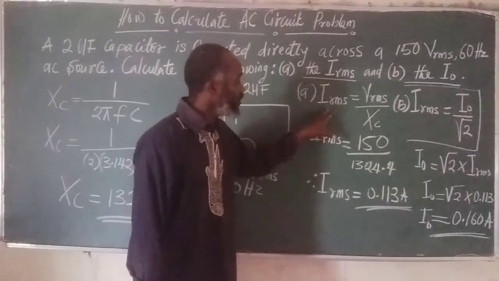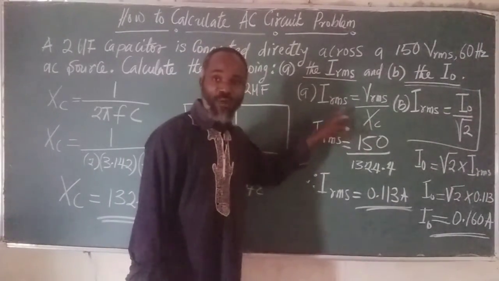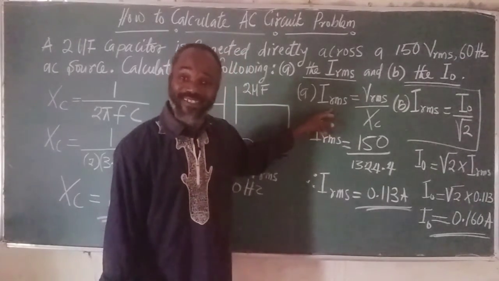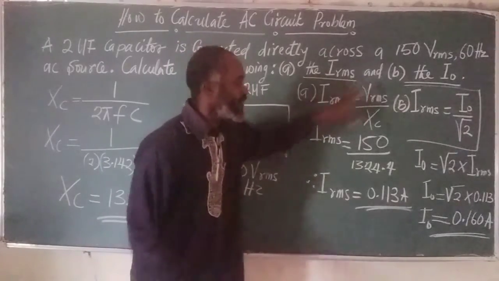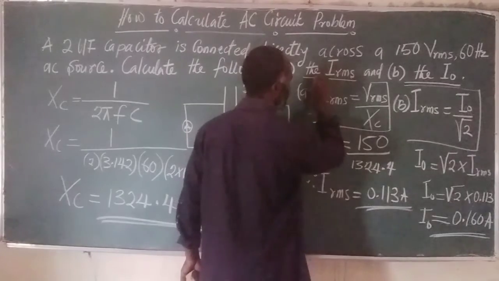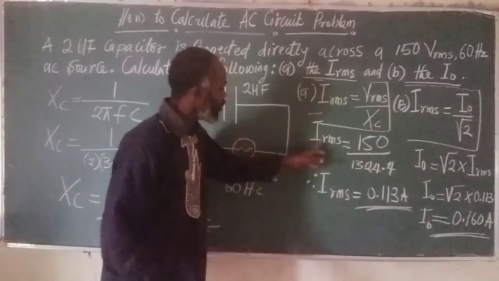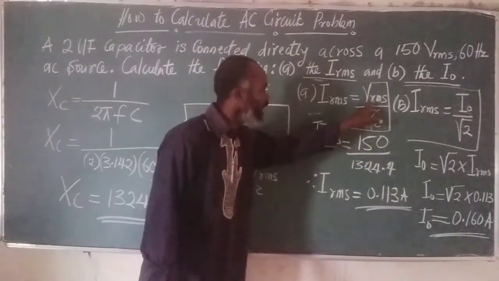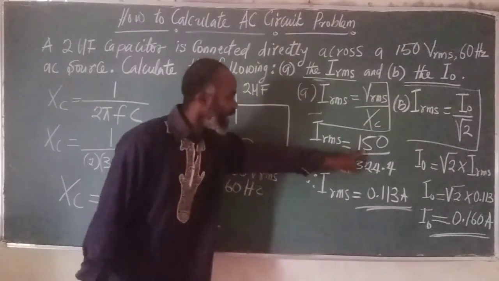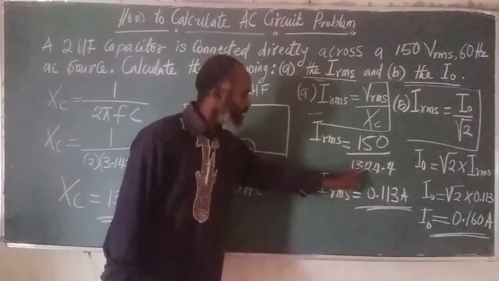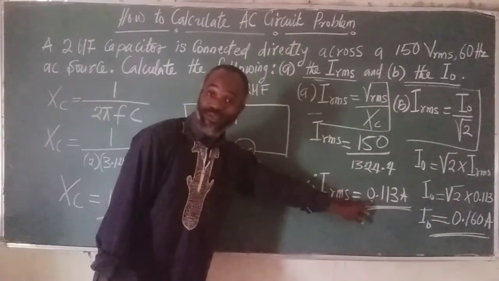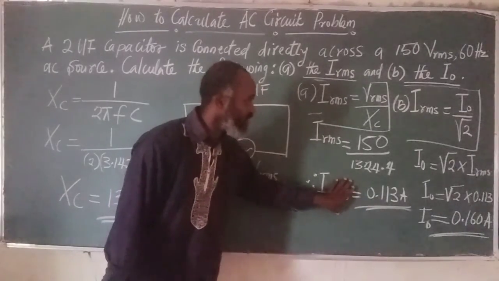Having found the capacitive reactance, with this formula we can find the value of the root mean square current flowing in the system. So we stated this, and then substituted for the root mean square voltage. The capacitive reactance is this, and evaluated, we got this. Those are the steps we took.